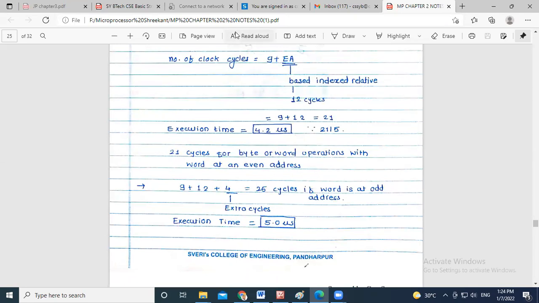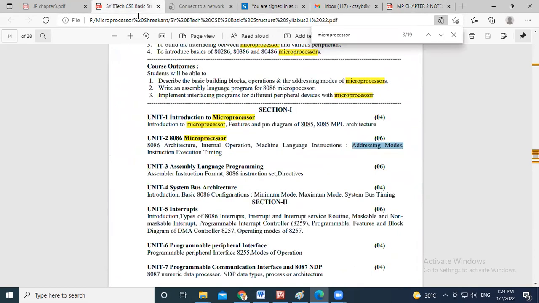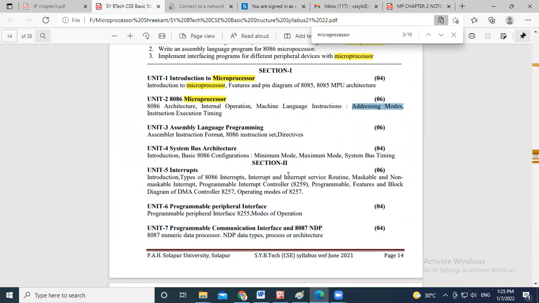Now, coming to the syllabus, dear students, all of you are observing the syllabus copy, right?